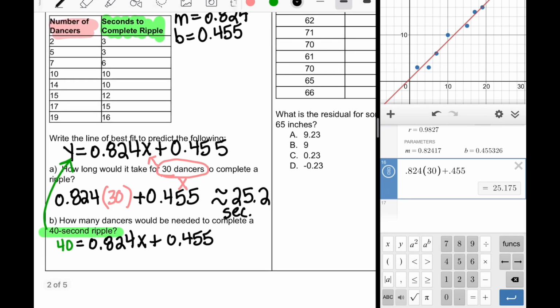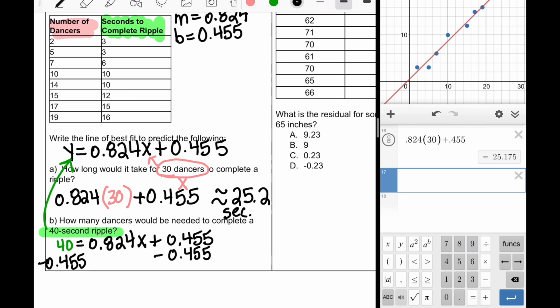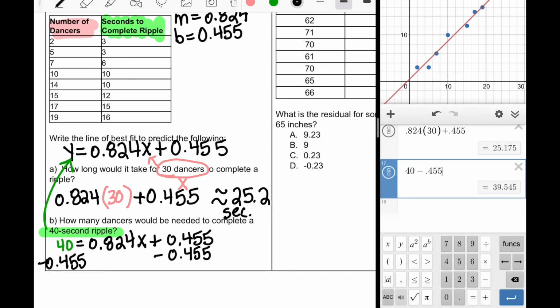And we're going to solve this equation by subtracting our 0.455. So we have 40 minus 0.455, and that's going to give me 39.545 equals 0.824x. And of course, we're going to divide at that point.